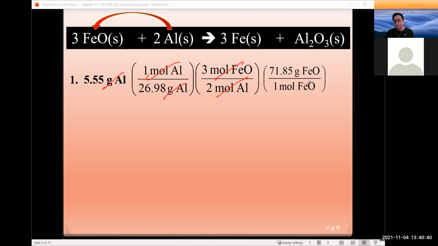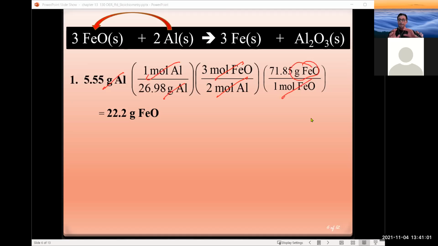Now you continue to check your units, and at this point you are in the units the question asked for, which is how many grams of iron 3 oxide that represents. That is 22.2 grams.